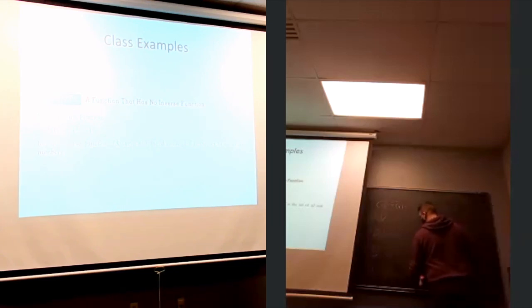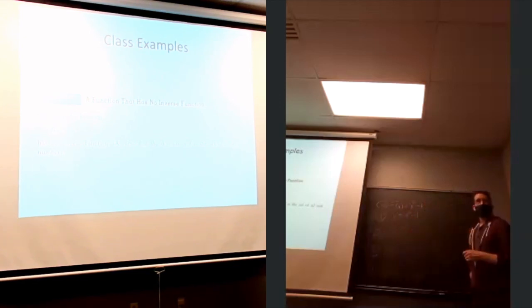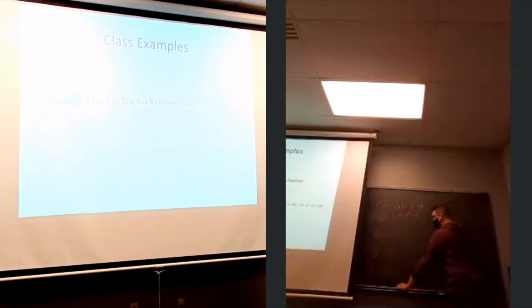So using one of these failed cases, we've got f of x is equal to x squared minus 1. First thing we're going to do, swap out f of x with y. Now we're gonna swap y and x. Now, this is step 3.